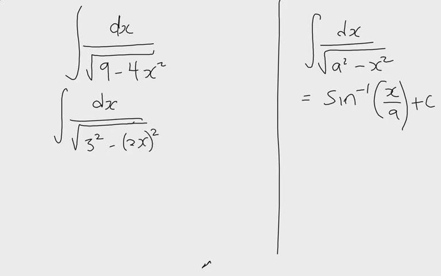Now, if you compare this and this, you see that the 3 has x multiplied by a constant. So the form of the answer will still be the same, but we will now divide by that constant.